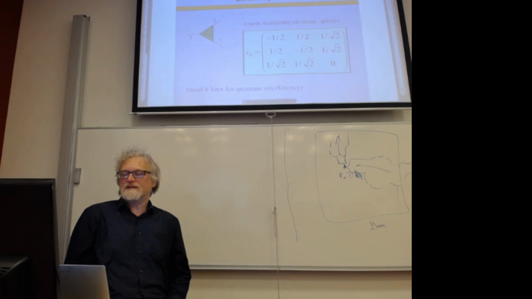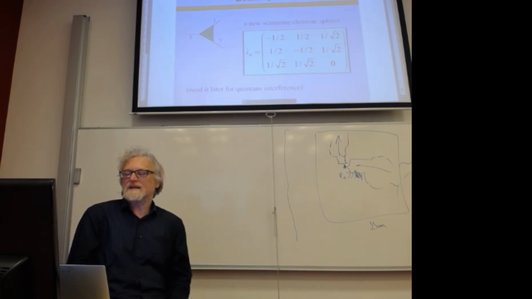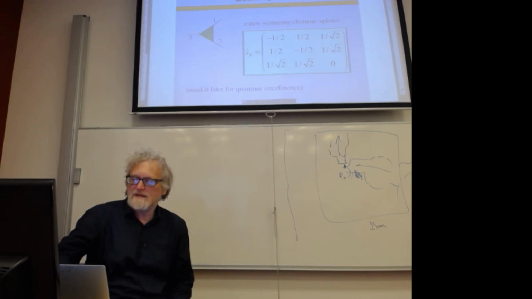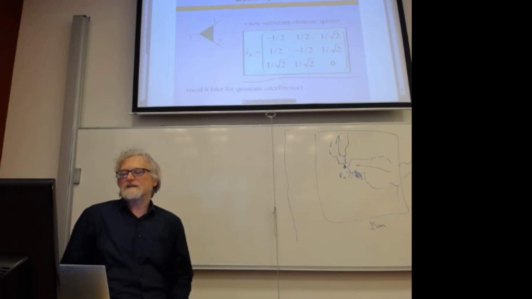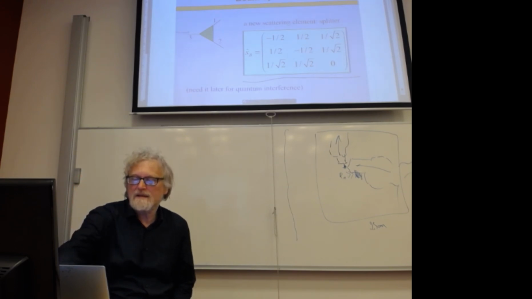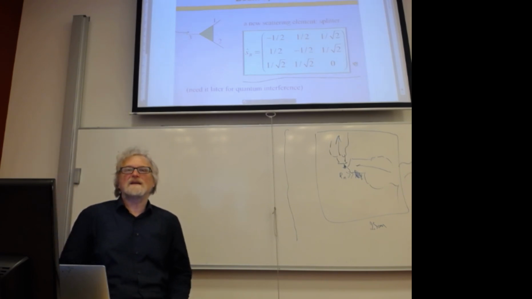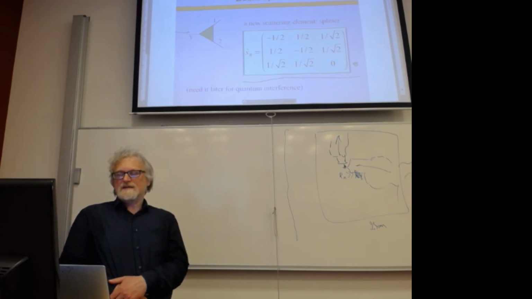I just chose a rather funny but frequently used element in optics. This is a reflectionless beam splitter. Let's look at it. If I insert a terminal here, there is no reflection. This non-diagonal element is 0.